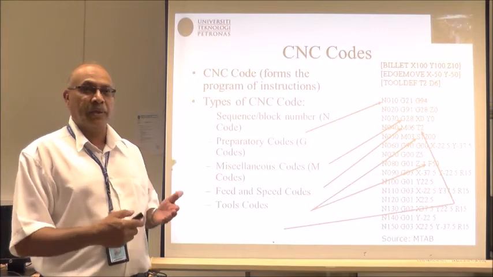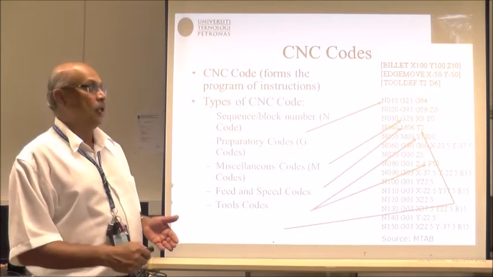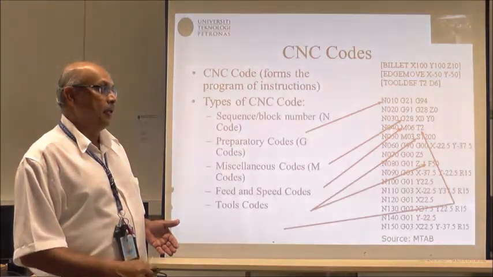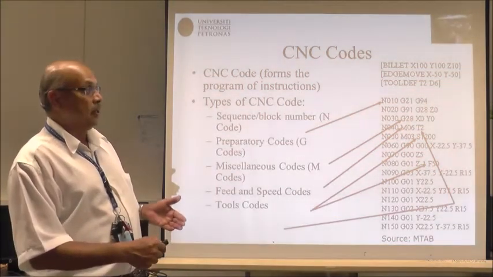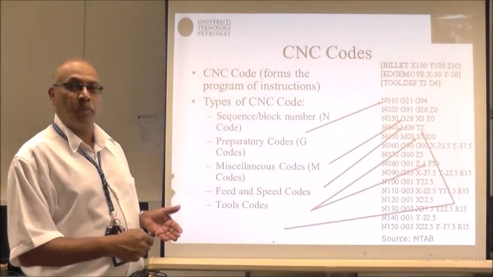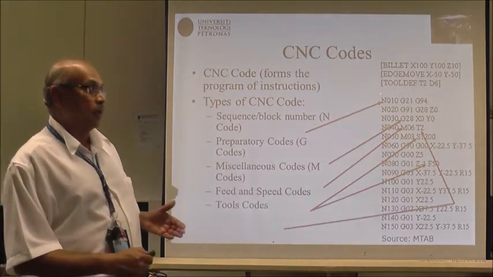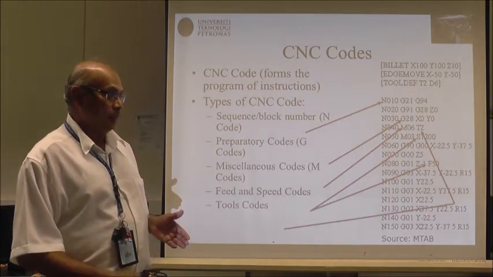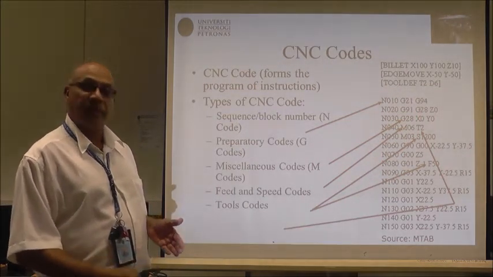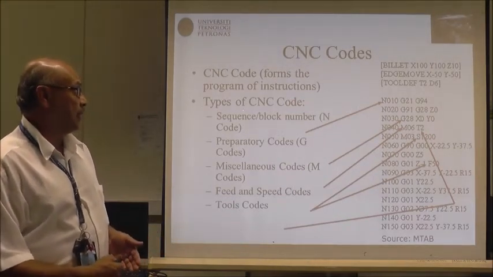A written passage of English will tell the story. So here the story is being told in CNC programming. So the programming is telling what is the job going to be done. So maybe before I talk about the various formats of CNC, maybe we can first talk about the types of CNC codes.